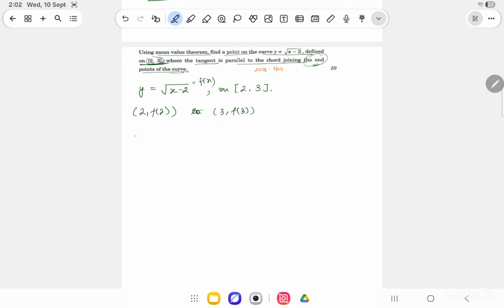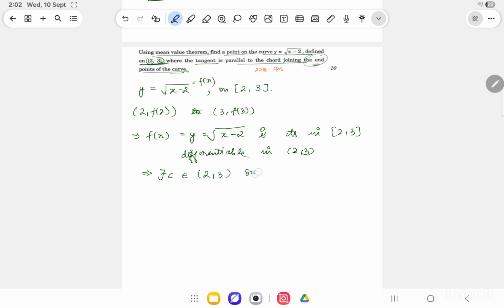If you see, the function f(x), that is y equals under root x minus 2, is continuous in the closed interval [2, 3]. Also it's differentiable in the open interval (2, 3). So the necessary conditions of the mean value theorem are satisfied, so there must exist C in the open interval (2, 3) such that f'(C) equals (f(3) minus f(2)) divided by (3 minus 2).